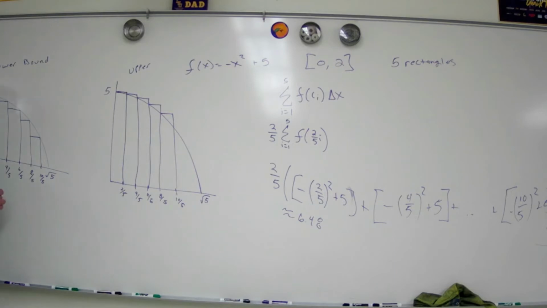The lower bound. So my area is approximately 6.48 units squared. So we keep adding by 2/5, right? So what's the shortcut for adding by the same number multiple times? Multiplying.